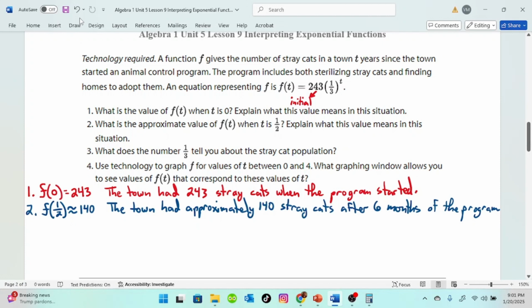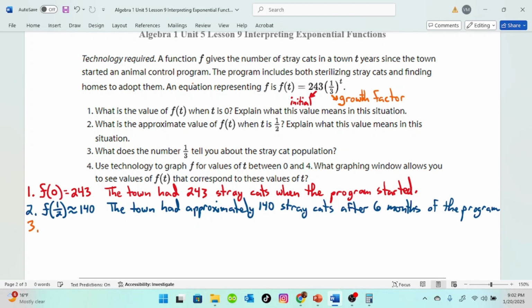Question number 3. What does the number 1/3 tell you about the stray cat population? Well, 1/3, because it's the number with the exponent, that is our growth factor. That tells us how much of the cat population remains after each year.